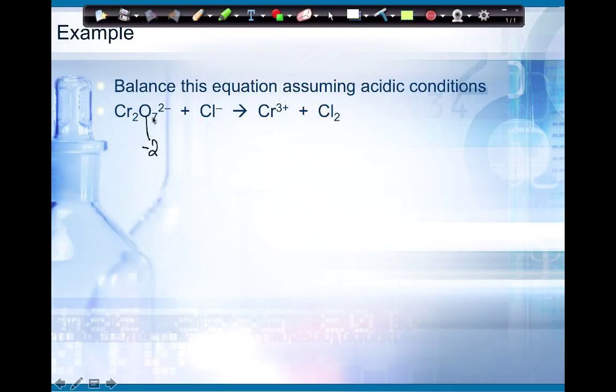Now I've got 7 of those, so that's going to be -14. Overall, this whole thing has to equal a -2. So what plus -14 will give me a -2? That will be a +12. So I've got 2 of them here though. So since I've got 2 of them, then each of them has to be a +6.